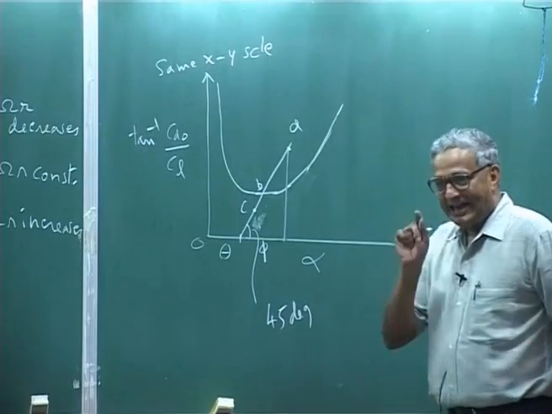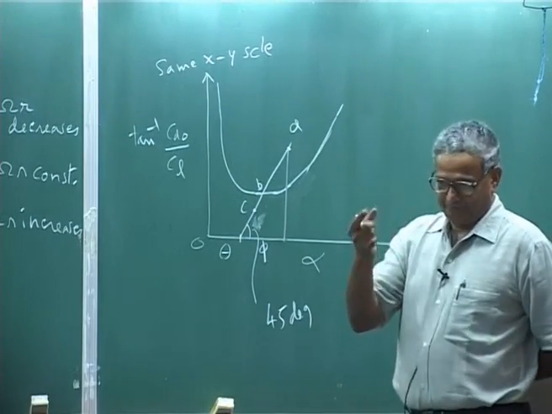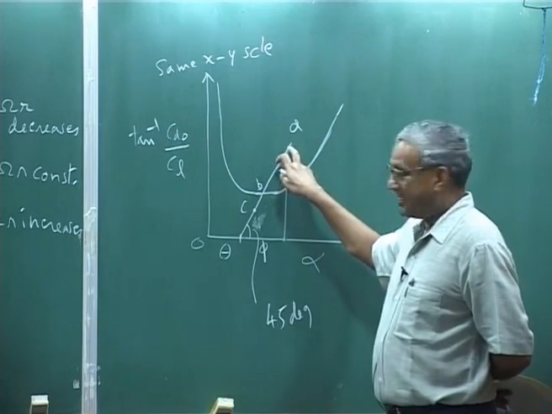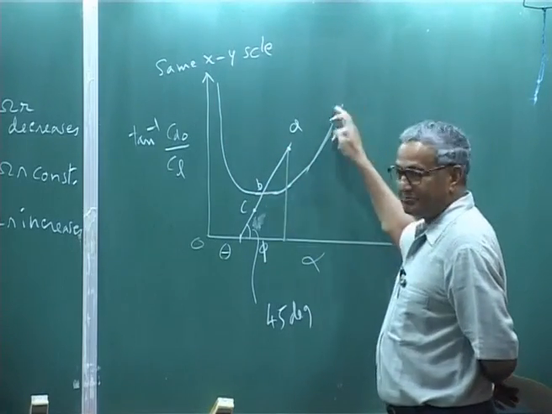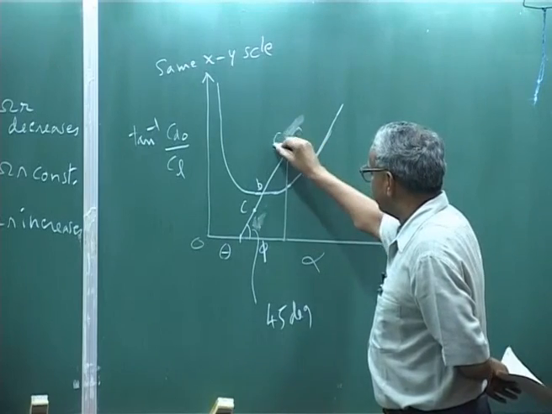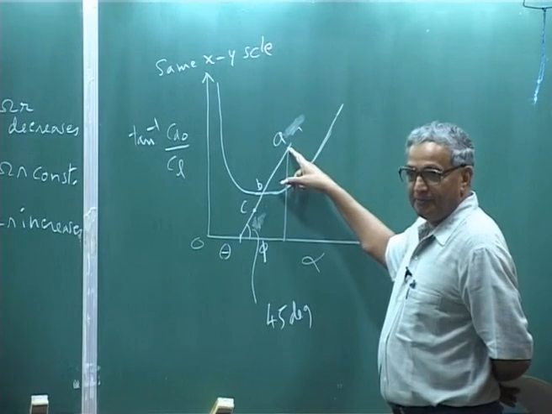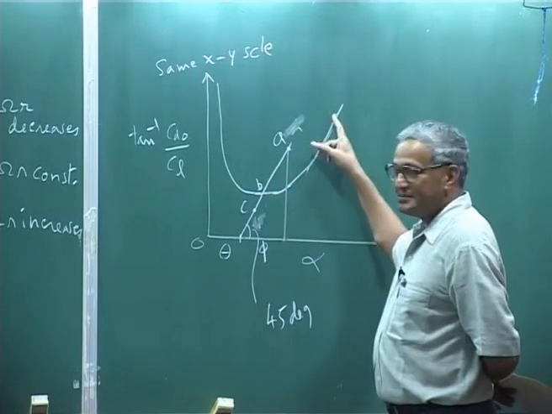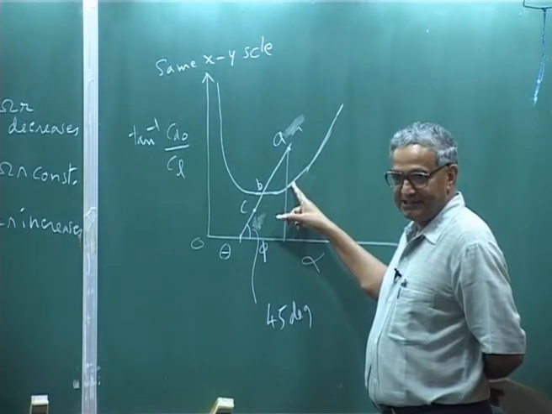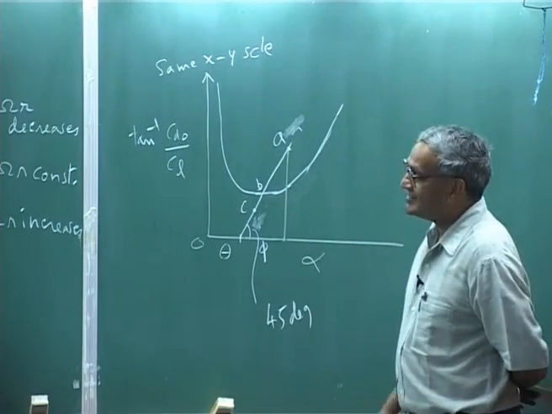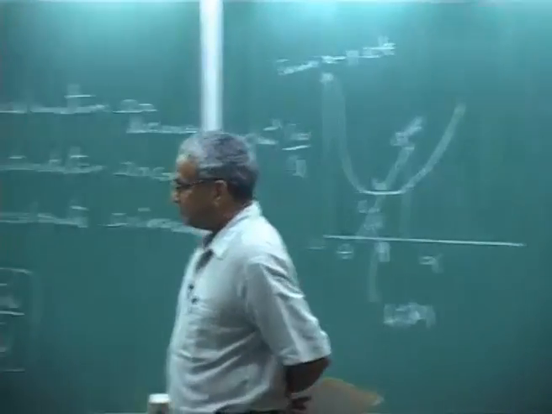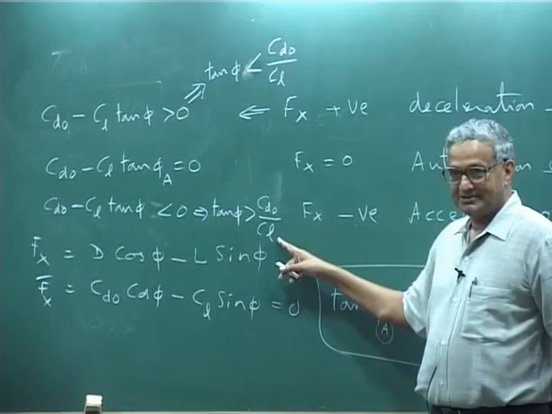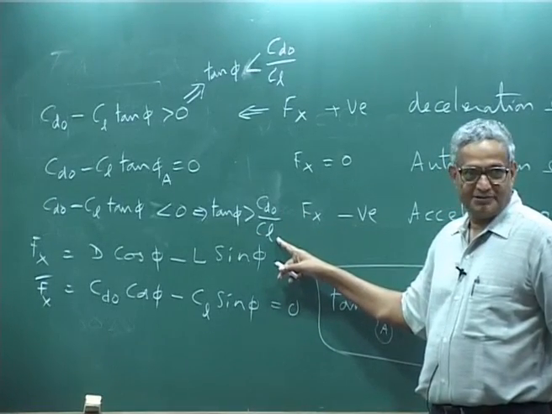Now if this phi is greater than this curve, because at point A phi is greater than tan inverse CD naught over CL, that means phi is greater than CD naught over CL. You follow?